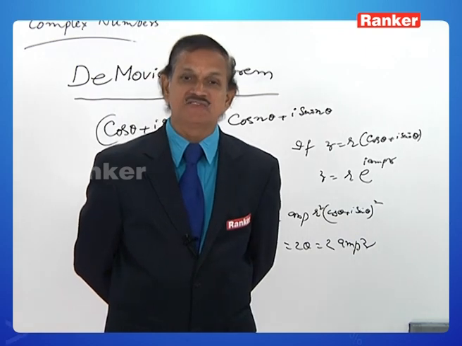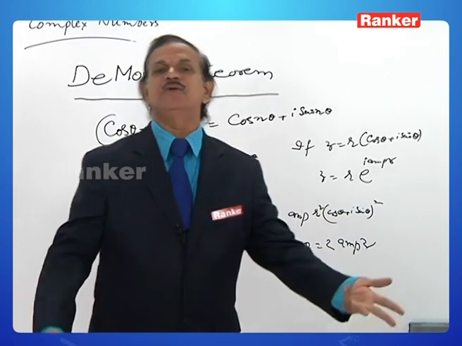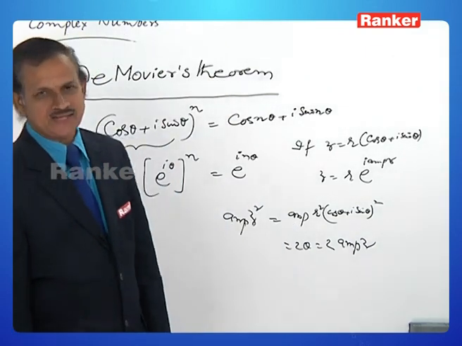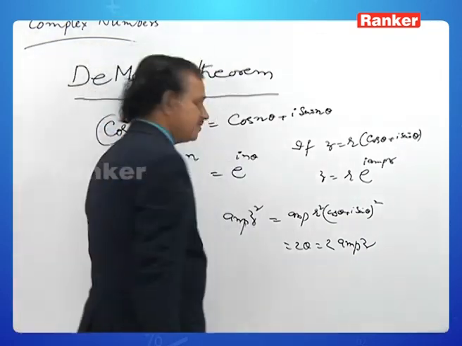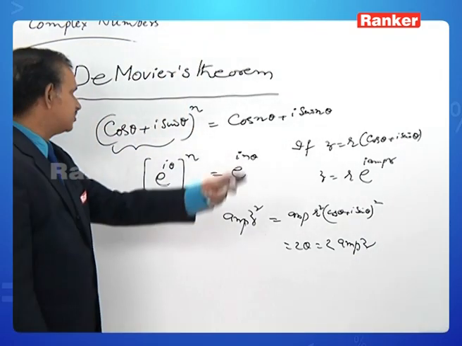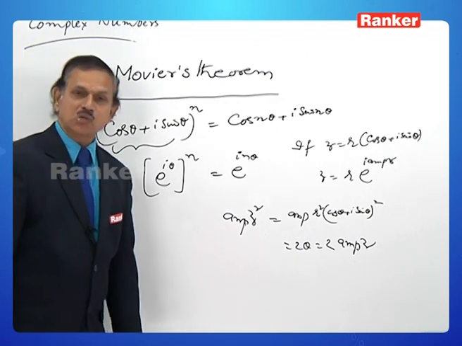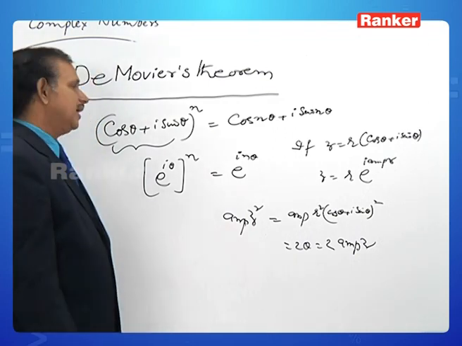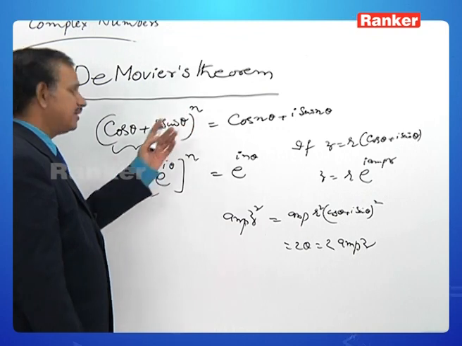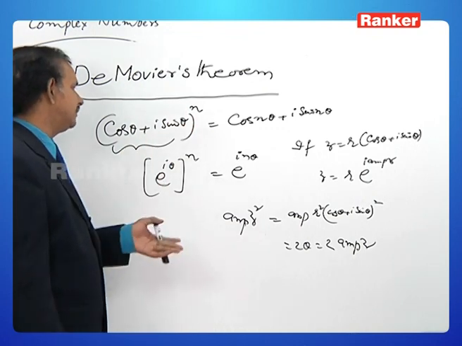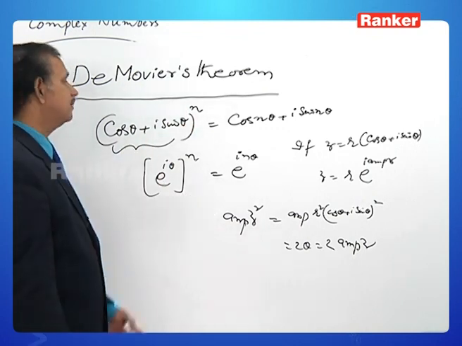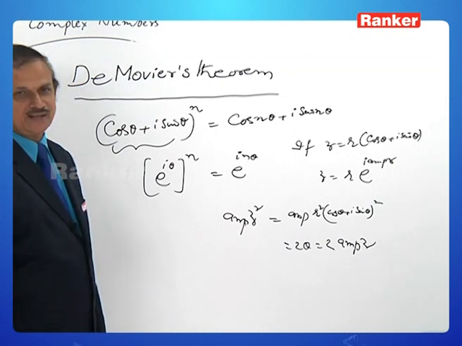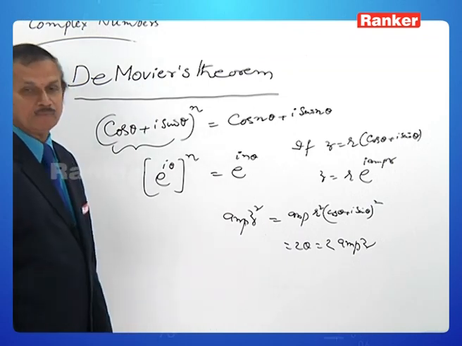What is the amplitude of z power n? N into amplitude of z. This is the basic concept which is offered by De Moivre's theorem for us. And when you have an exponent for this Euler's form e power I theta, it can take the form e power I n theta. This has a wide range of applications.